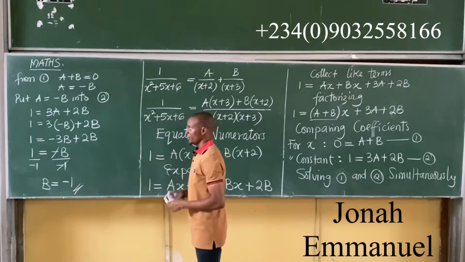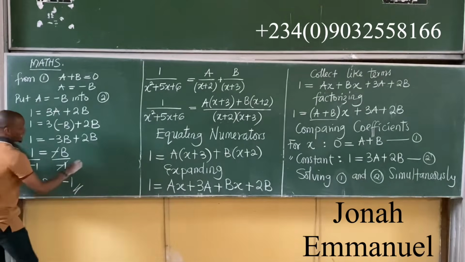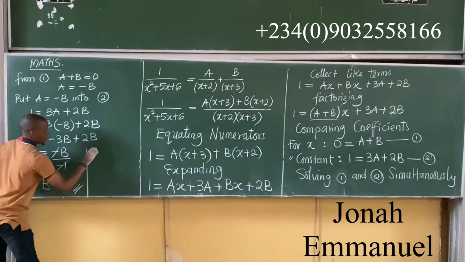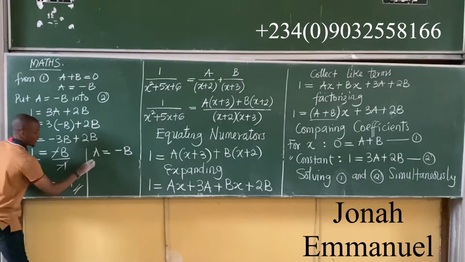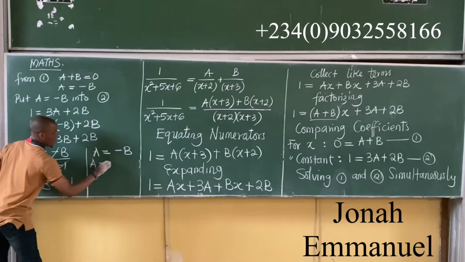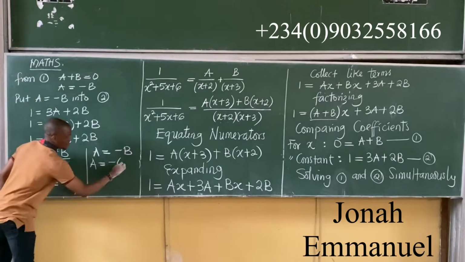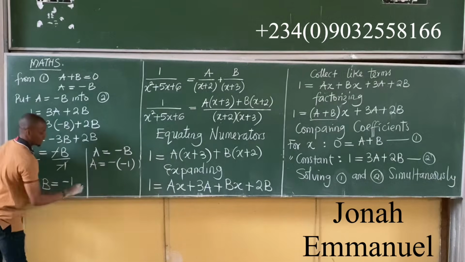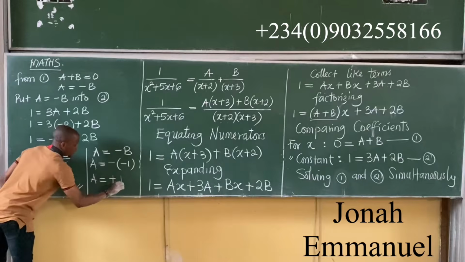Let's get the value of a. From this equation here, we said that a is equal to minus b. That means a will now be equal to minus b, and b is minus 1, so a is equal to minus 1 times minus 1, which gives plus 1.